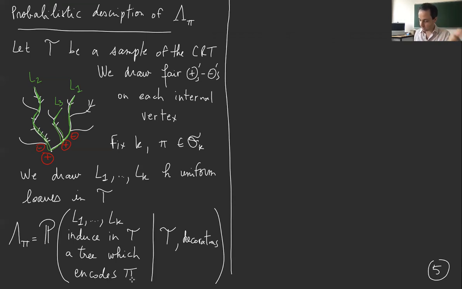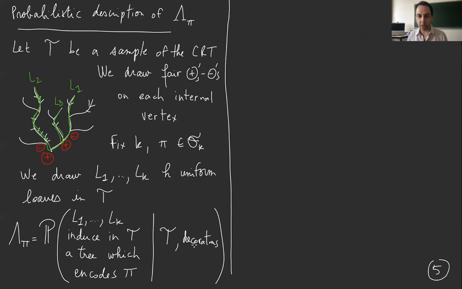Okay, and so you see it's between 0 and 1 because it's a probability, and it's a random variable because it's a function of T and the decorations. Okay, and this probabilistic representation allows us to get some complicated recursive formulas for the first moments of lambda pi, at least for lambda 1, 2. Okay.